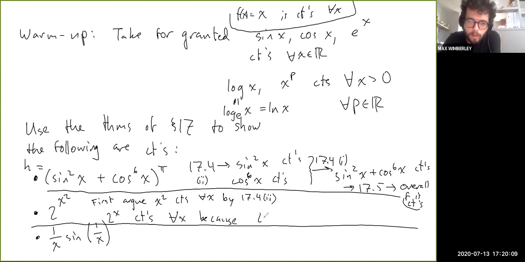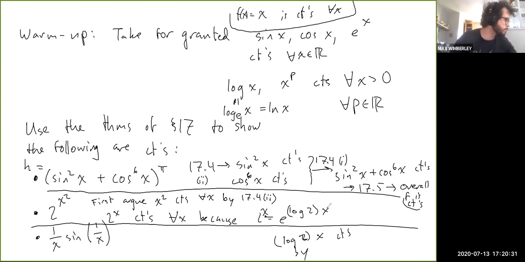And then we'll say also that 2 to the x is continuous for all x because 2 to the x equals e to the log of 2 times x, right? And log of 2 x is continuous by 17.3.